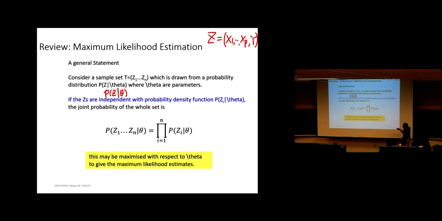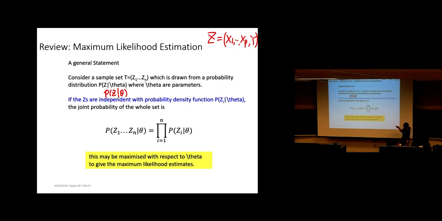And then you just do argmax. You're trying to maximize this drawn probability, looking for the theta that maximizes it. That's exactly maximum likelihood estimation. I'm representing all the training samples together as a drawn probability, and because they are independent from each other, this drawn probability decomposes into multiple multiplications.